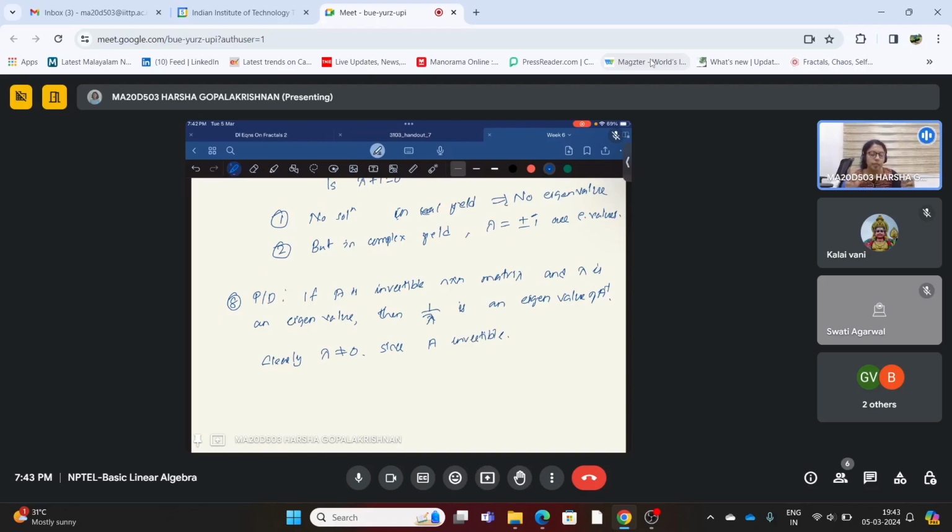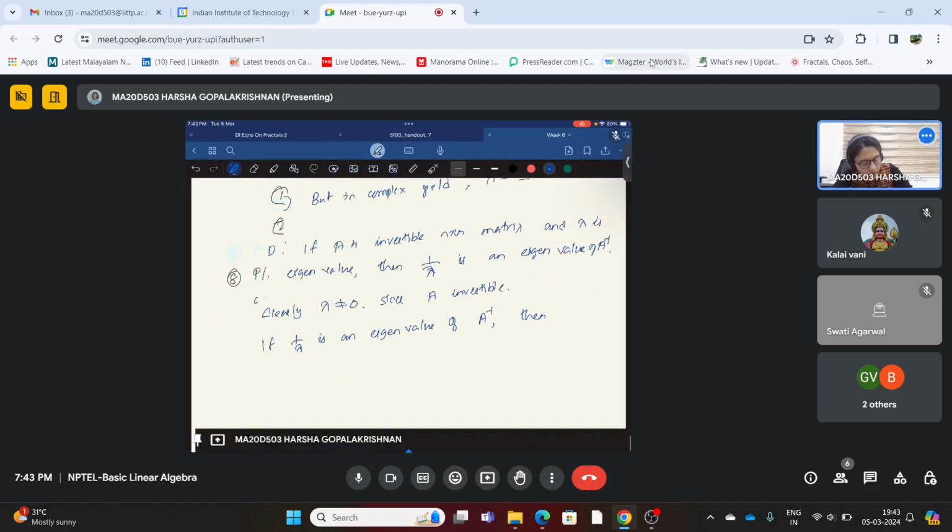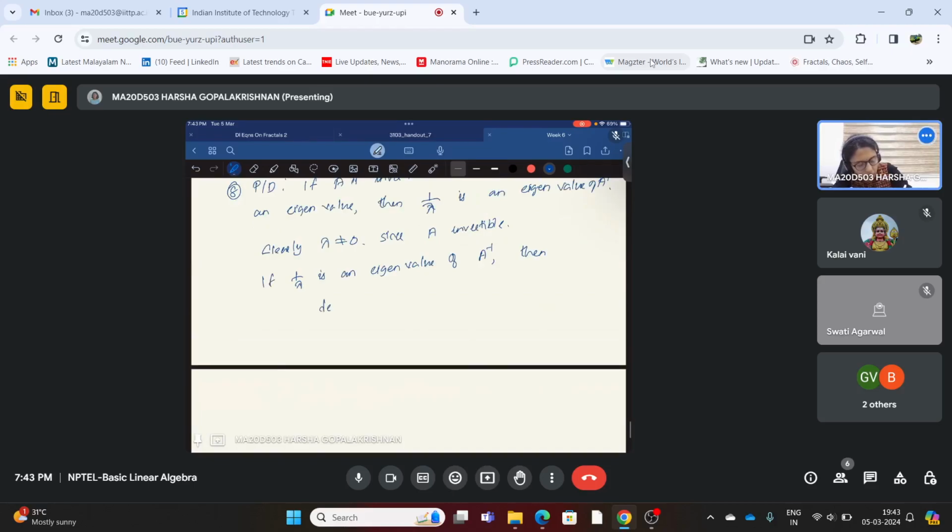Now the question is whether 1 by lambda is an eigenvalue of A inverse or not. If 1 by lambda is an eigenvalue of A inverse, then what should be the determinant of A inverse minus 1 by lambda I?